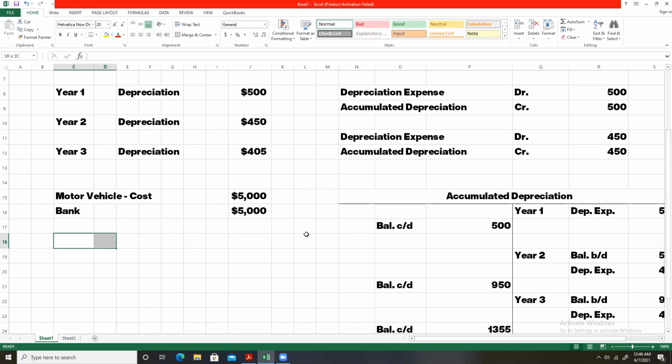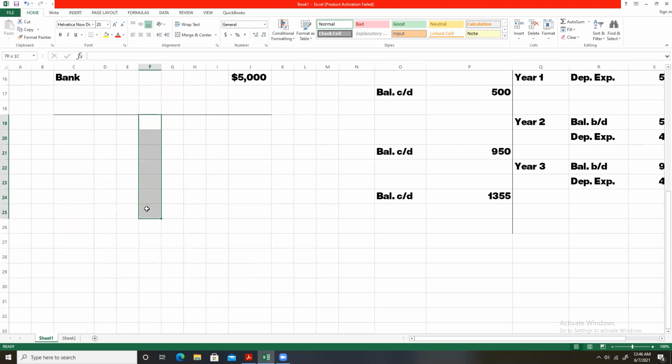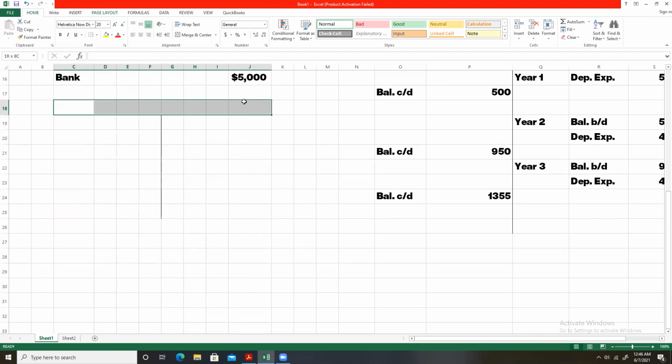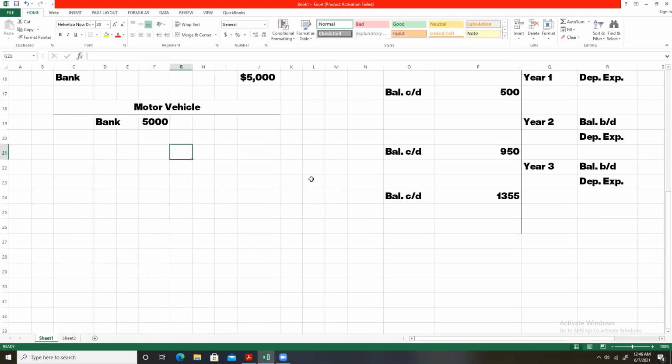Now, this cost will remain the same over the useful life of the asset. The cost will not change, so there will not be any change in the cost account of the motor vehicle. Once we have purchased the asset, the cost will remain the same, like $5,000.